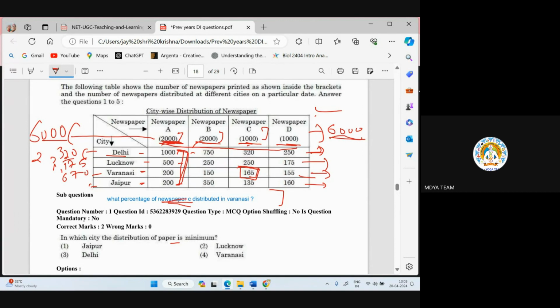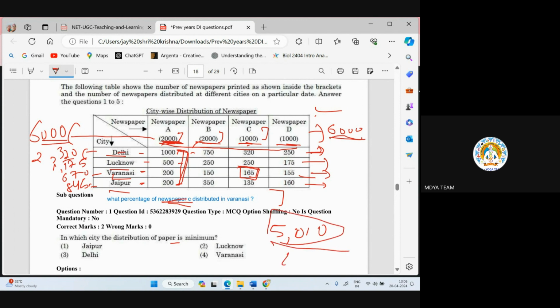It is 845. So the total number of newspaper distributed in every city will be Jaipur, Varanasi, Lucknow and Delhi, 5,010. So this is your part. 5,010 is your part of distributed newspaper out of total 6,000 newspapers.